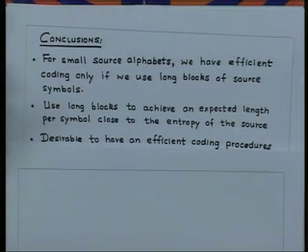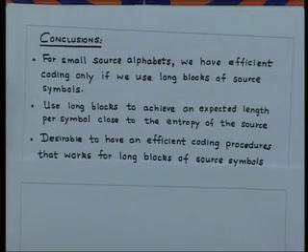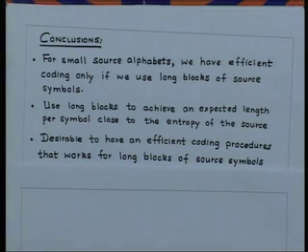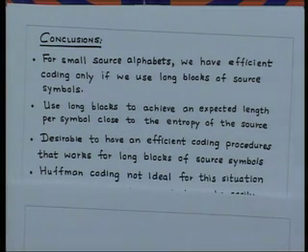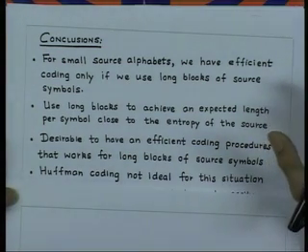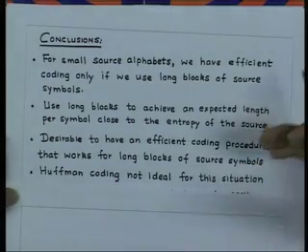Therefore, it is desirable to have efficient coding procedures that work for long blocks of source symbols. Unfortunately, Huffman coding is not ideal for this situation, since Huffman coding is a bottom-up procedure that requires the calculation of the probabilities of all source sequences of a particular block length and the construction of the corresponding complete code tree.